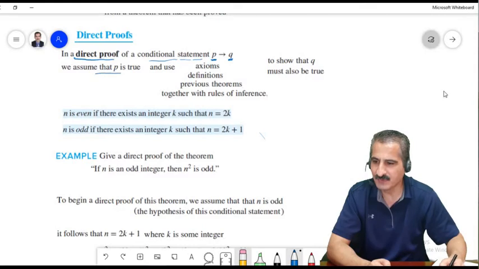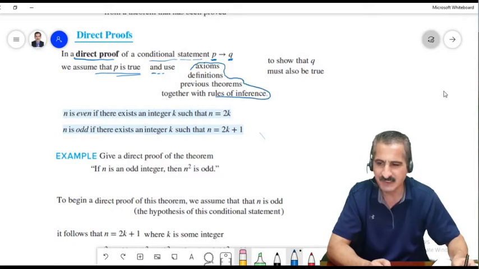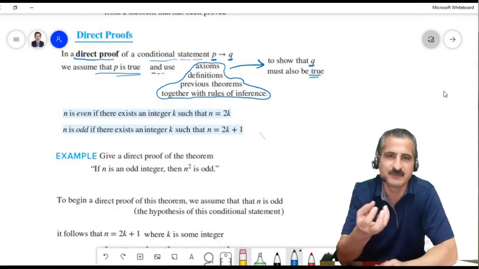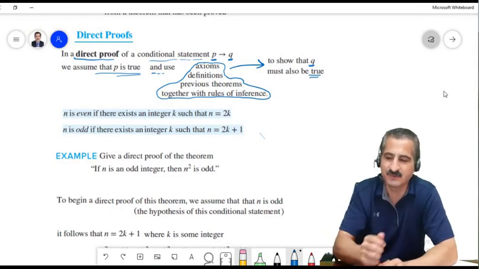So we assume P is true, and we use all possible things: axioms, definitions, previous theorems, and rules of inference we have already learned. We use all these mechanisms to show that Q is true. So this is direct proof. You have information, you use it, you play with it till you get to the result.